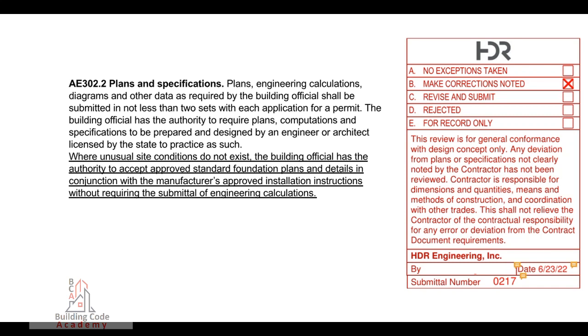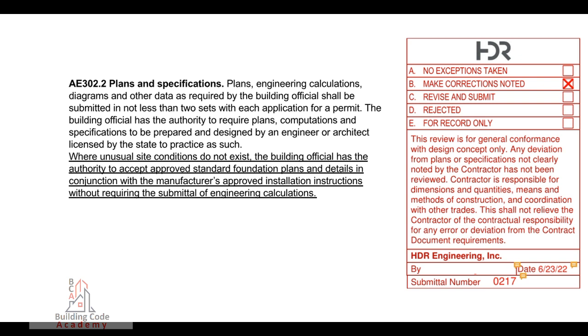AE 302.2 Plans and Specifications. Plans, engineering calculations, diagrams, and other data as required by the building official shall be submitted in not less than 2 sets with each application for a permit. The building official has the authority to require plans, computations, and specifications to be prepared and designed by an engineer or architect licensed by the state to practice as such.